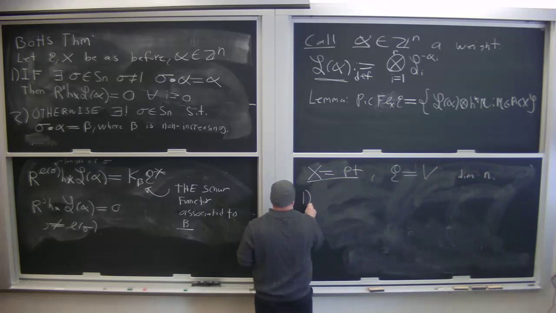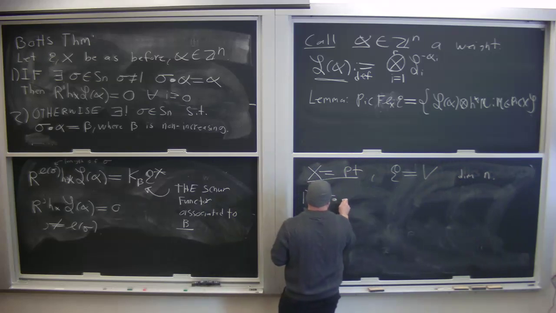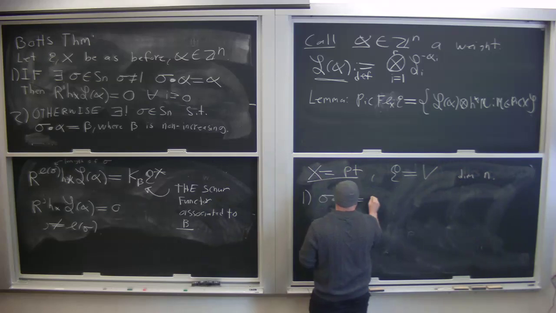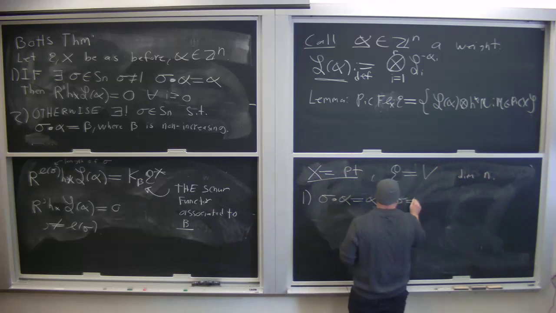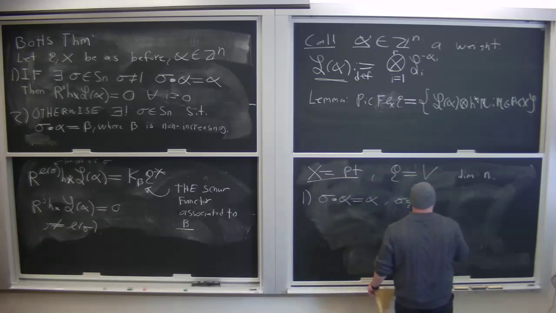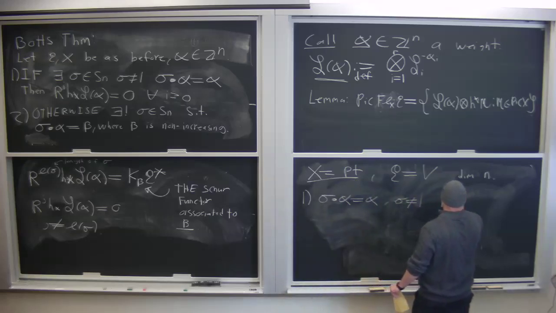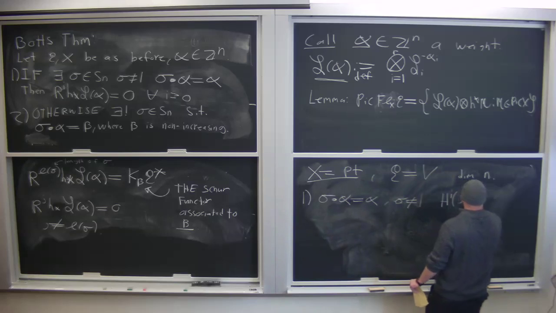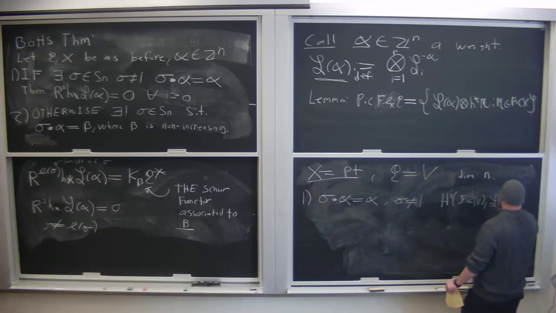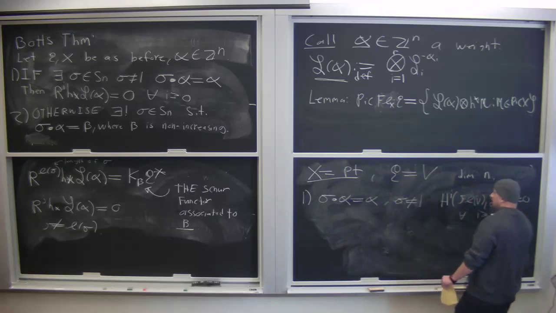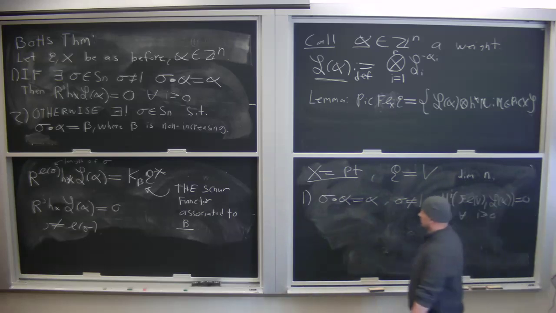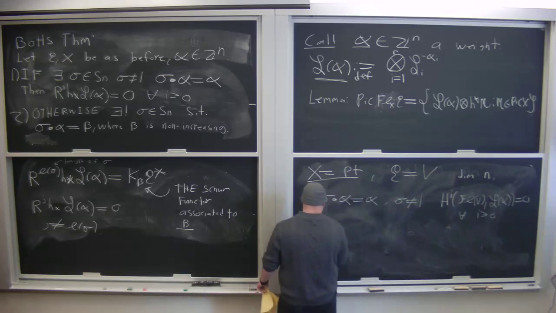So then sigma bullet alpha equals alpha, sigma not the identity. And this is saying that H^i on the full flag variety of V of this vector bundle L alpha is 0 for all i greater than or equal to 0.